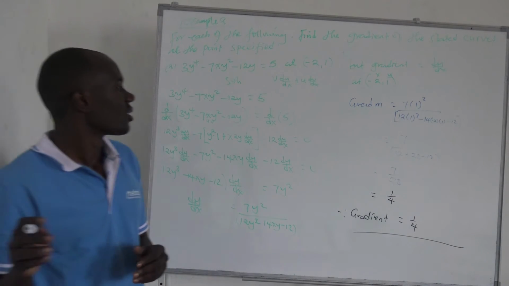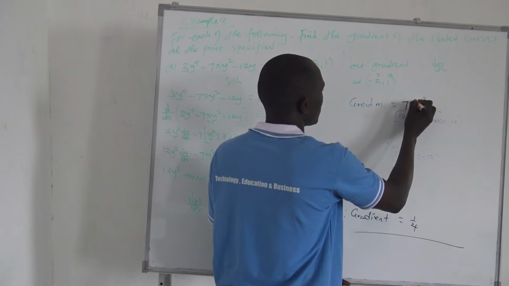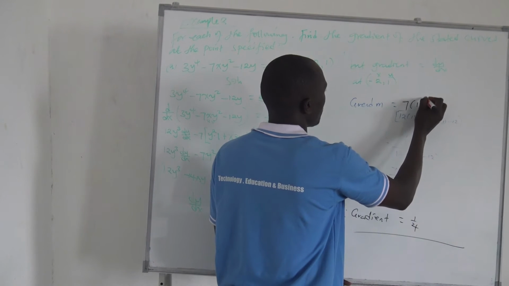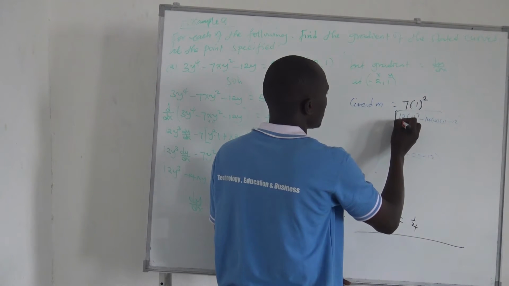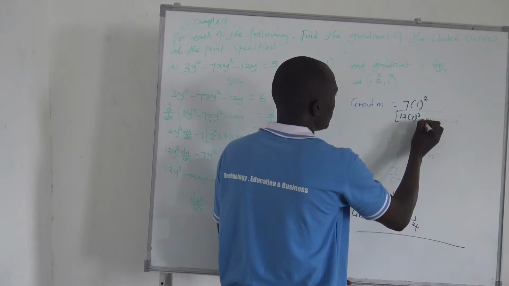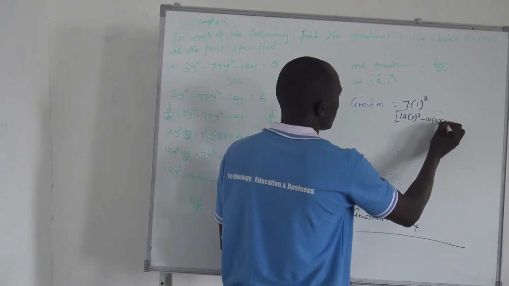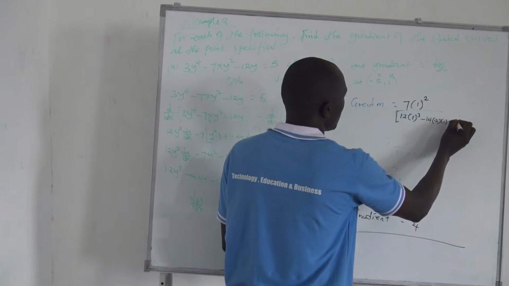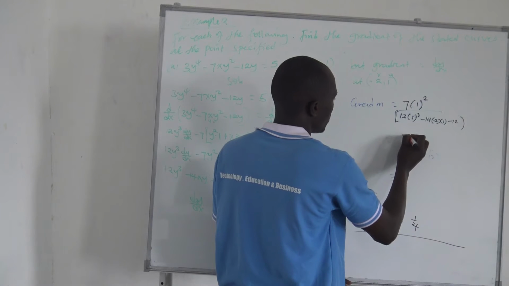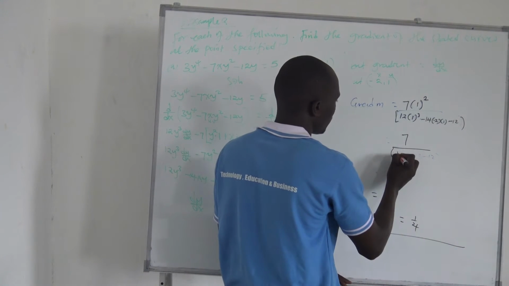So here we are substituting into our gradient 12 into 1 cubed minus 14 into negative 2 into 1, then minus 12. So this is 7. 12 times that you are getting the 12.